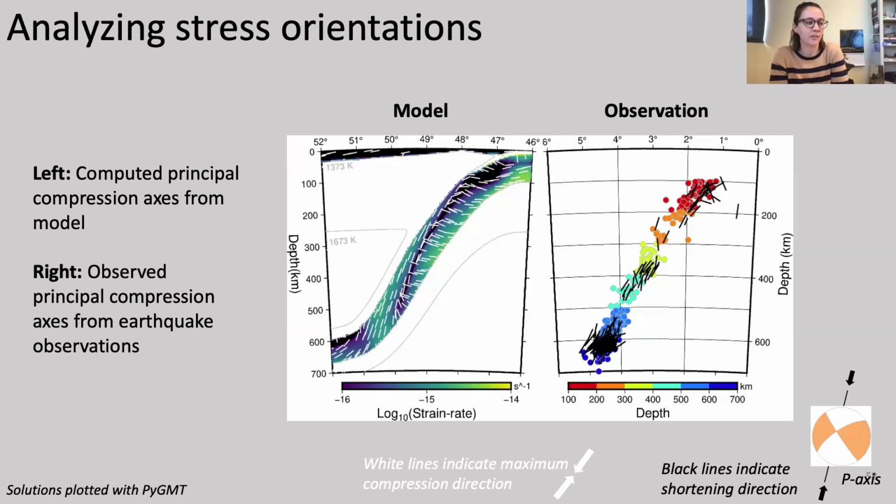Yeah, it's a good question. So the higher strain rates are usually associated with the bending and unbending of the slab. And so as the slab is going through the transition zone, and especially all the phase transitions where you're getting a lot of variations in the density structure, as the slab is bending and unbending is where you get these higher strain rates. And this is something that's been seen in a lot of modeling papers in the past too.